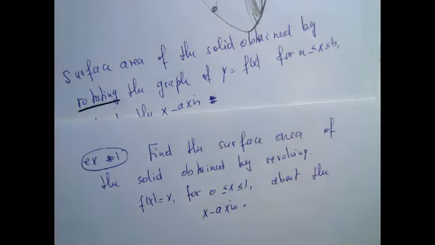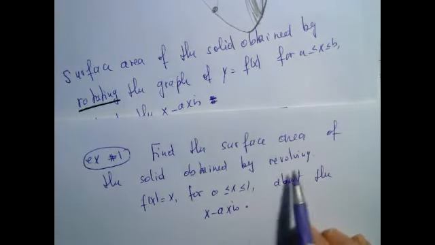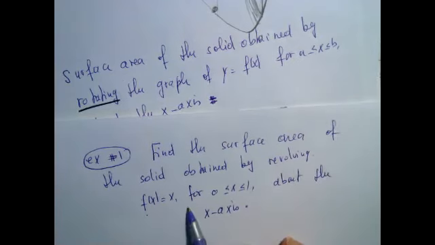Okay, so find the surface area of the solid obtained by revolving f of x equals x for x between 0 and 1 about the x-axis.